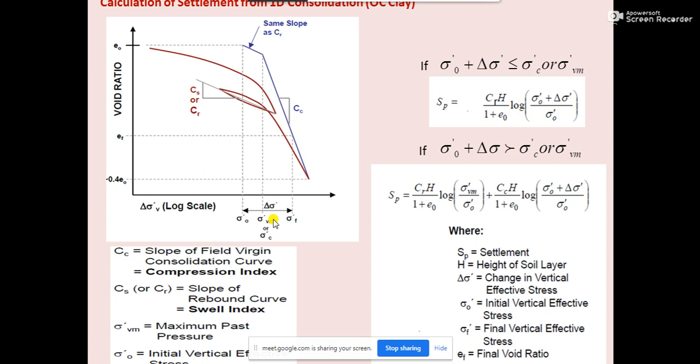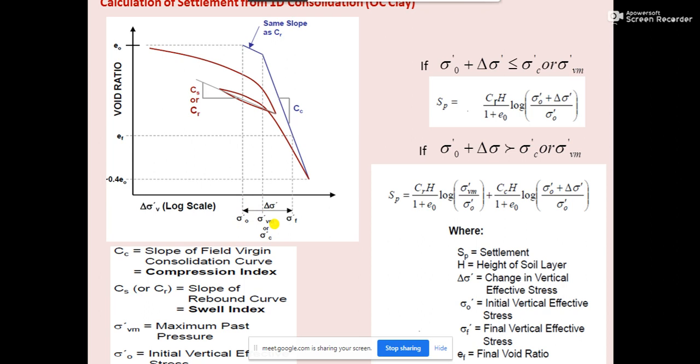As you have understood, the over consolidation ratio value will be greater than 1, that means your pre-consolidation pressure or the maximum past pressure will always be greater than the present initial vertical effective stress in the soil. So sigma naught dash will be lesser than sigma Vm dash.